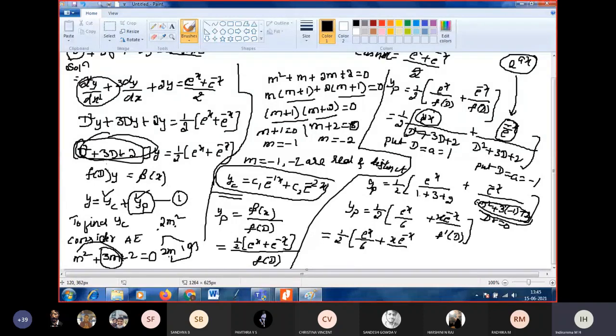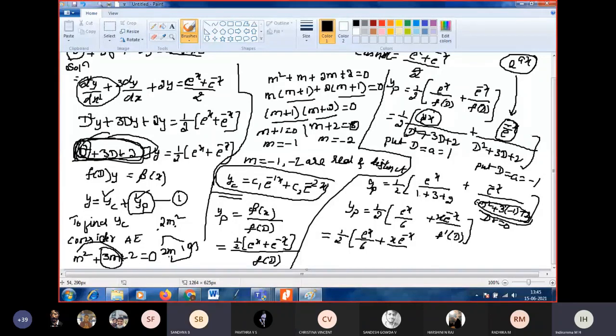What is our f of d? f of d is d square plus 3d plus 2. You differentiate this with respect to d. What's the differentiation of d square? 2d.